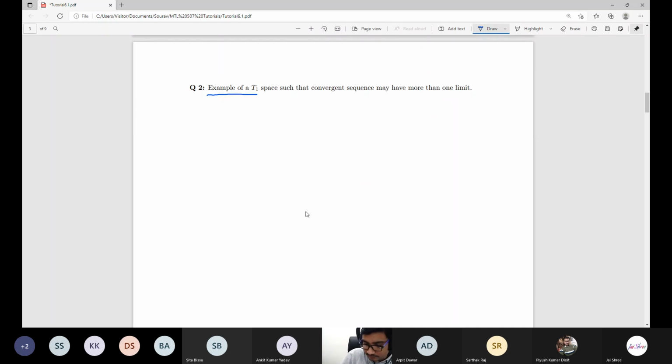Example of a T1 space in which a convergent sequence may have more than one limit. Could you give an example? The cofinite topology on the natural numbers. Yes. So let X equal N and tau be the cofinite topology.